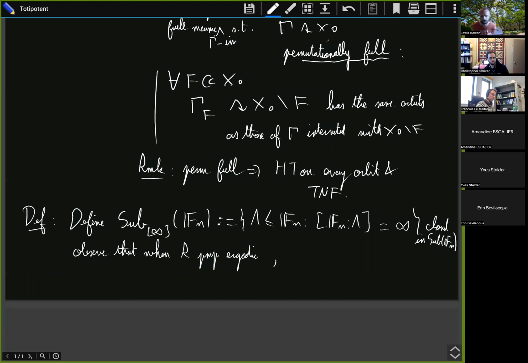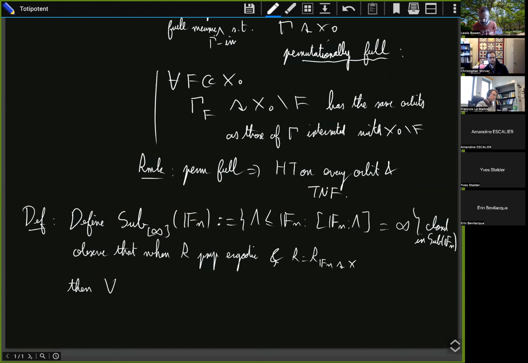My point is that when R is PMP ergodic and R is equal to R of Fn acting on X, then for almost every element, the Fn stabilizer of X belongs to this space.